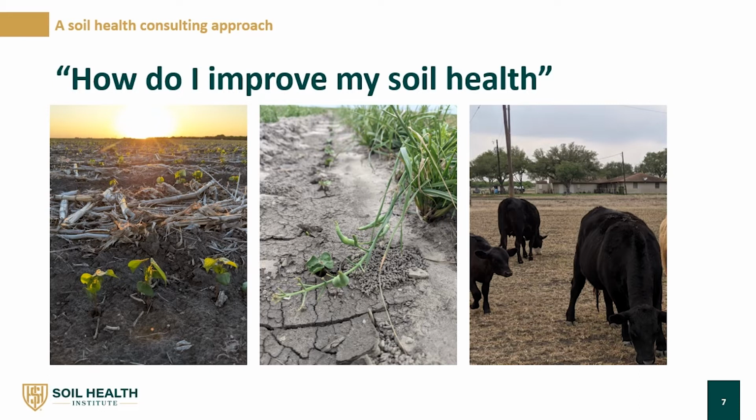So you're probably familiar with practices such as no-till or applying cover crops or introducing livestock. These are all ways you can improve soil health, but really our goal here is to provide a framework for you to have conversations with your clients about how to integrate those practices, and specifically using precision ag to quantify the impacts of those practices.